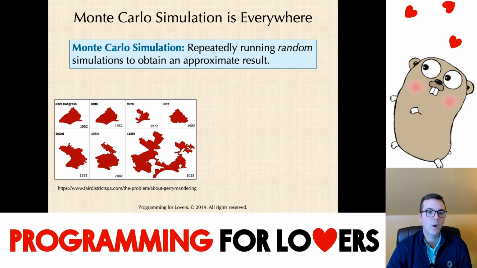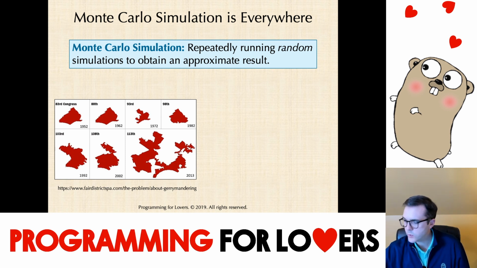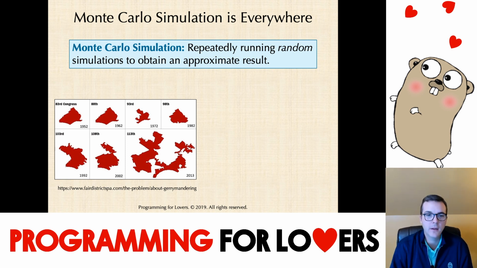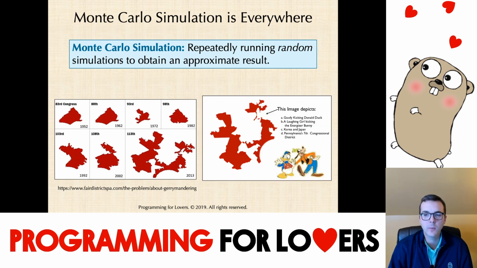You could look at one district which in 1952 had a relatively round, contiguous shape. Over time it changed until what we saw in 2013, which was far from a tightly formed convex shape. When we rotate it a little, we can see what it even looks like. Someone came up with Goofy kicking Donald Duck, which is a good description, and once you see it, it's difficult not to see when you look at this congressional district.